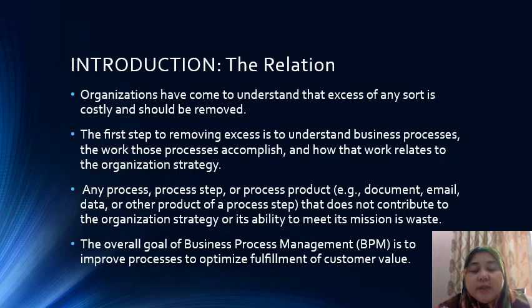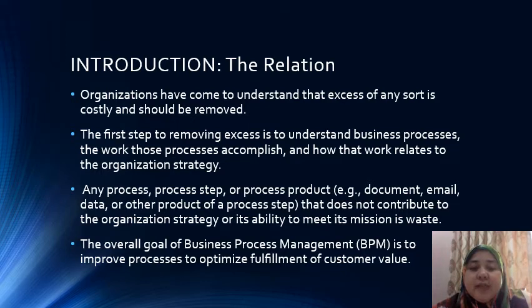Okay. All right. So a continuation of the introduction: organizations have to understand that excess of any sort is costly. Whatever we do not arrange or manage, any excess information that we do not organize, control, or categorize well, may be costly. And unnecessary activities, because we have to identify which activities can be automated and what their category is, must be removed.